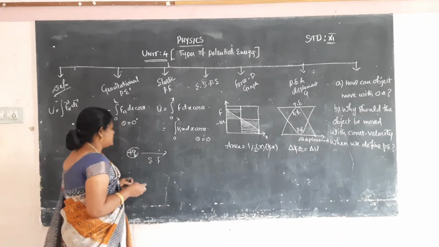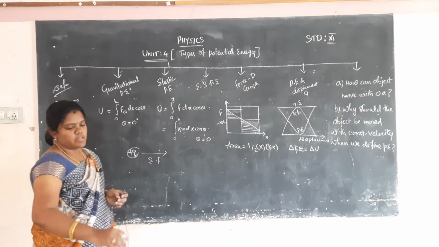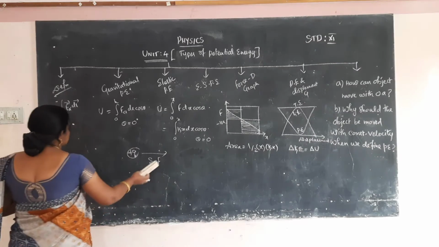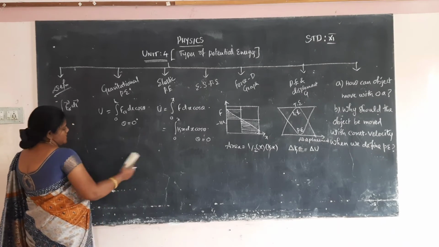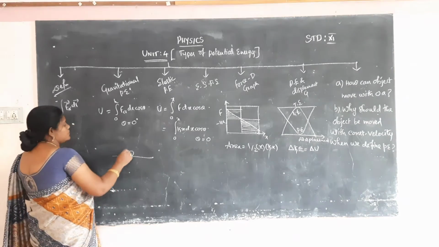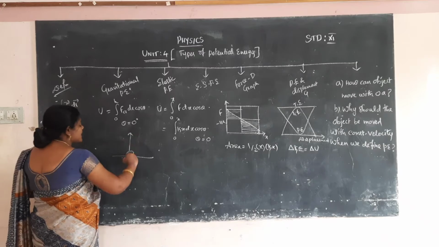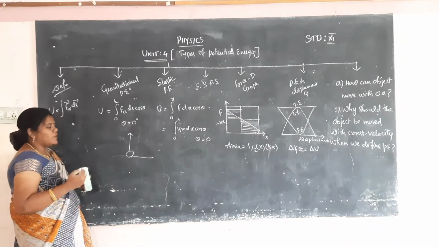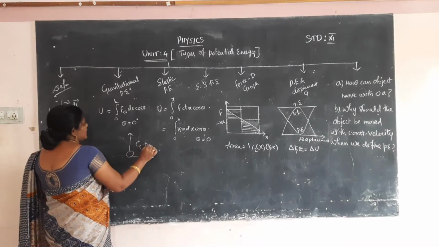The object is lying on the ground, we do some work, and the object moves upward against the gravitational force. That is called gravitational potential energy.